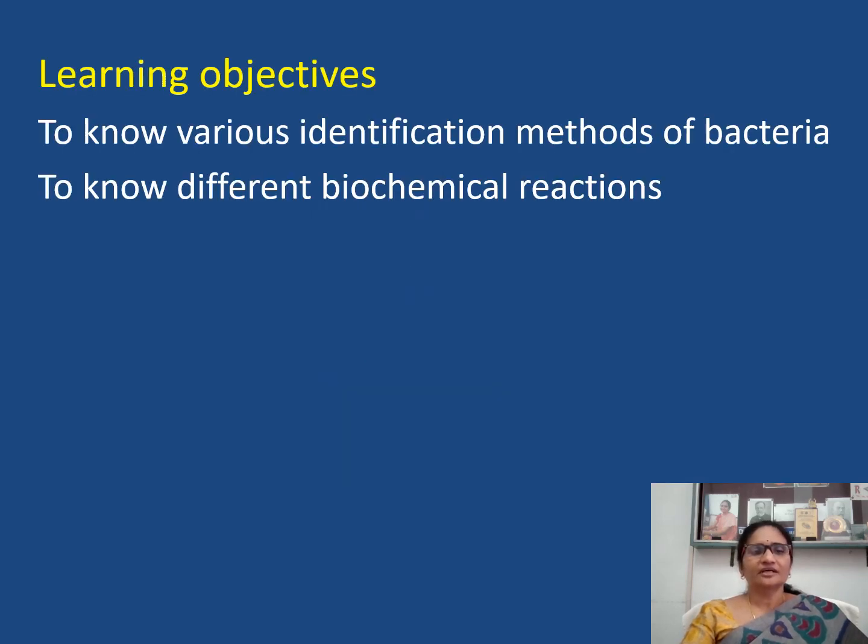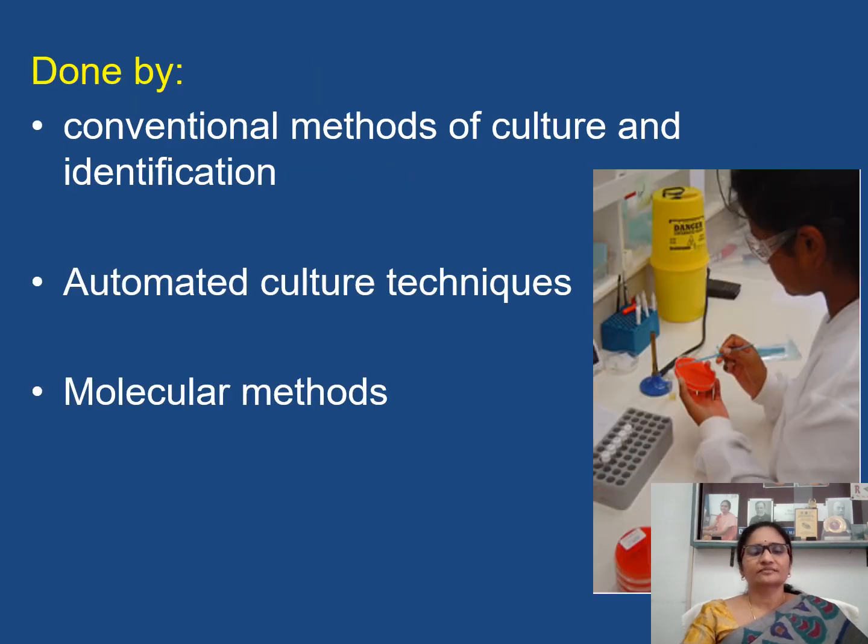Coming to the learning objectives of this particular lesson, this lesson is to know various identification methods available and to know different biochemical reactions. We can identify the bacteria by conventional methods of culture.